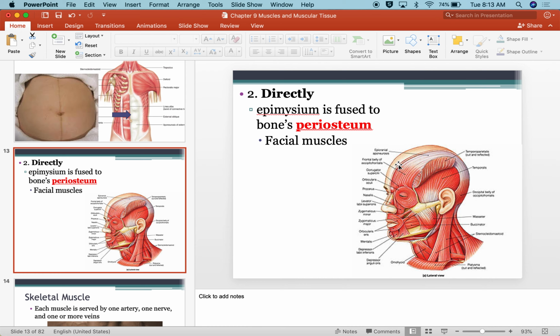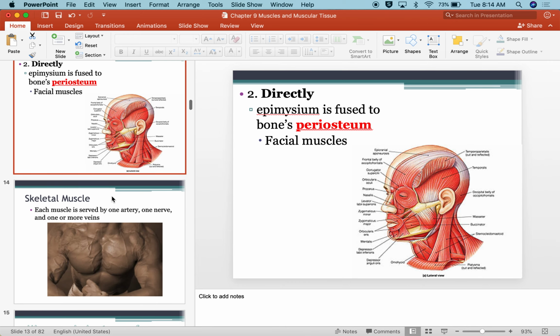If you think of old westerns, where they talk about getting scalped by the Indians, or to be more PC, the Native Americans, it's because these muscles of your scalp are very loosely connected to the periosteum. So once you have a cut in the forehead or even back here, it kind of just flips up. All right, so muscle can also be directly fused to bone using the periosteum, kind of similar to a tendon.